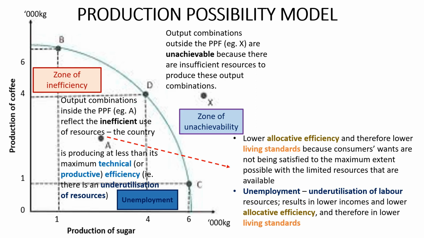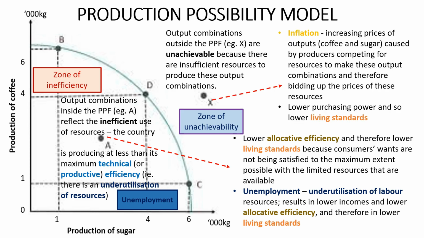If the country tries to produce any of these output combinations, then all that will happen is that the producers, in our case the sugar and coffee producers, will compete with each other for the resources that they need to make these output combinations. Because there are not enough resources available to make these output combinations, this competition for resources will drive up the price of those resources.